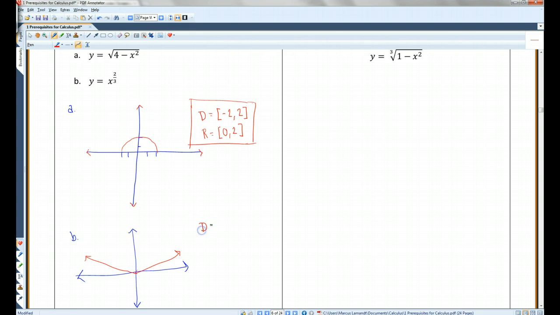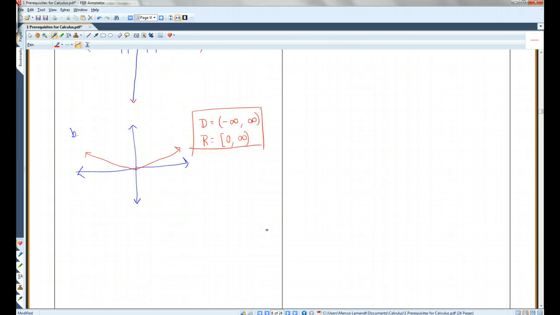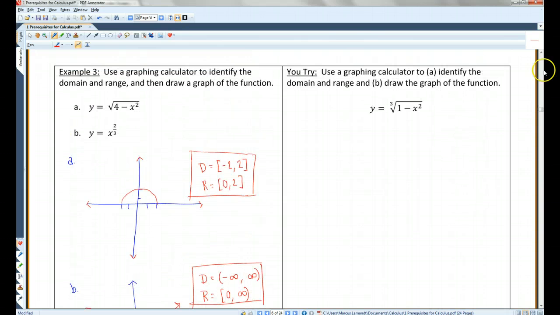So the domain, negative infinity to positive infinity. The range, 0 to infinity. And once again, way too much space. I overdid it on the space this time, I think.